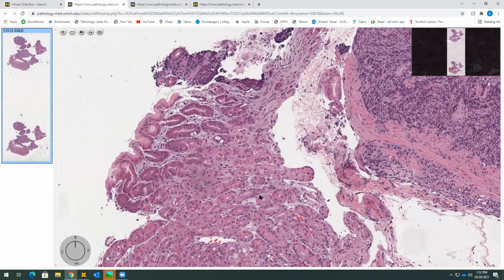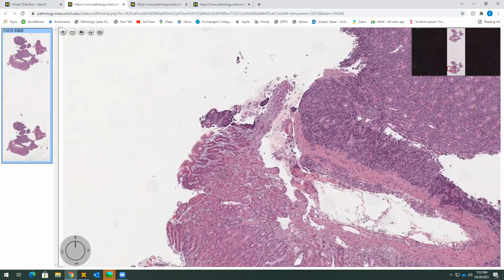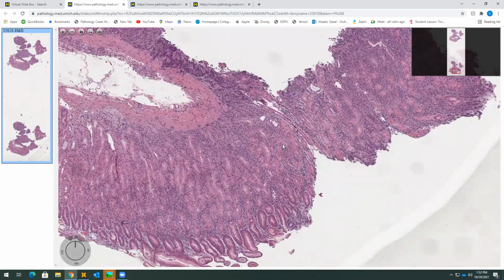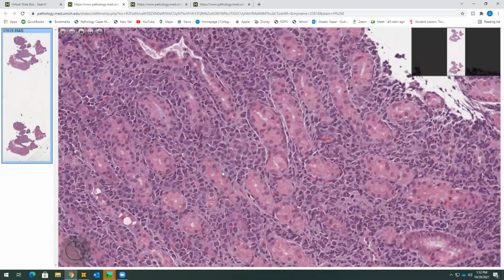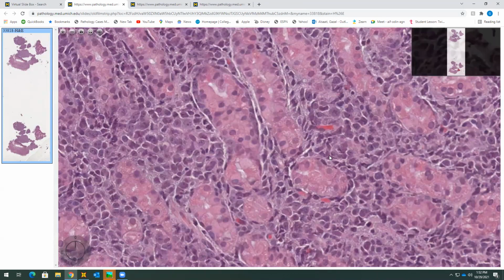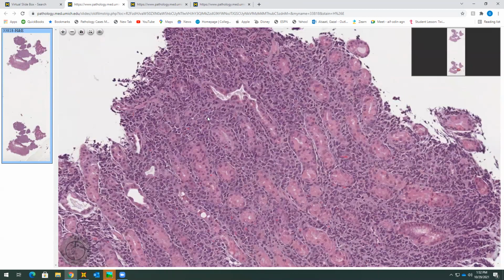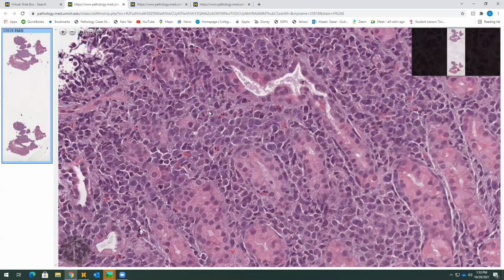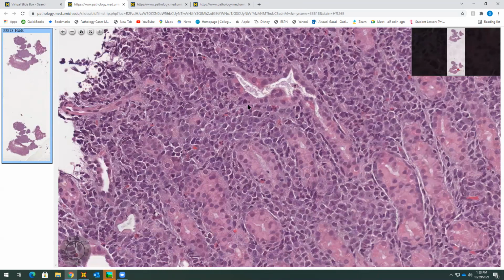I don't think this is just an artifact. Now I go deep and see all the blue cells in between my glands. My lymphocytes are almost the size of my oxyntic glands. They're big, they're ugly, they're actively mitotic. I mean, look at this, there's a visualized mitosis there.